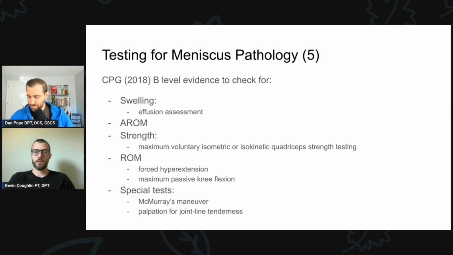If there's not a lot of swelling in the knee, I think this might depend on where the meniscus tear is. So if someone has an anterior tear of their meniscus, you tend to see pain with forced hyperextension of the knee. So just be gentle going into that. I always like to test the uninvolved side first so they have a good baseline. They know what normal feels like.